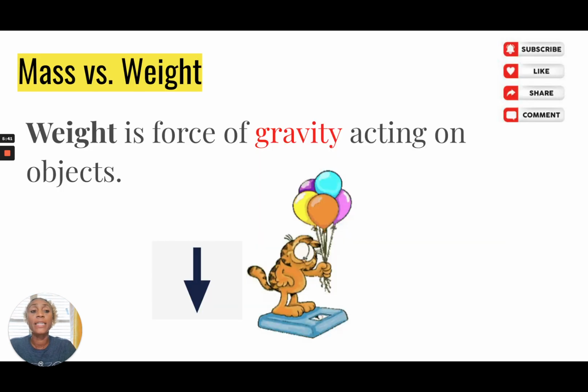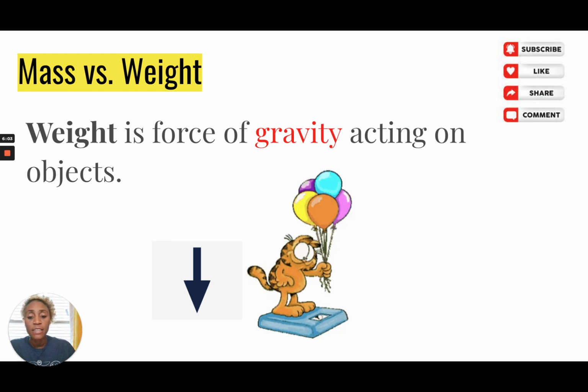Now, people always confuse mass and weight. Mass, basically, as we said just now, is the amount of unit of matter that makes up the object, while weight is simply just the force of gravity pulling down on the object.